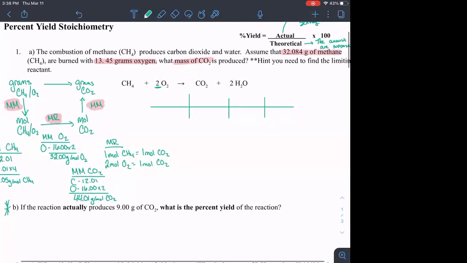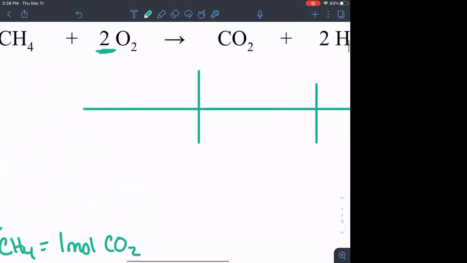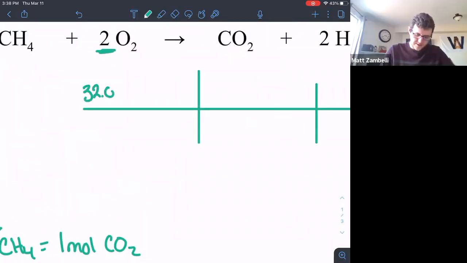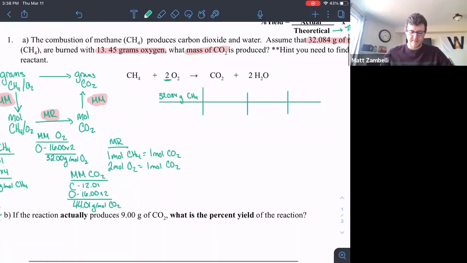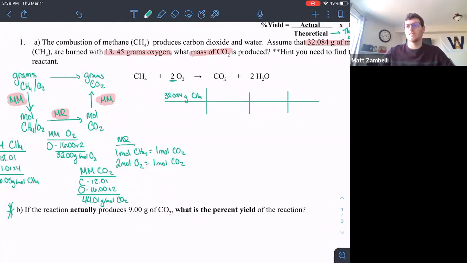The 32.084 grams of methane. Awesome. 32.084 grams of methane. All right. If I'm starting with grams of methane, what do I do next? Where's my next step? Where do I go?